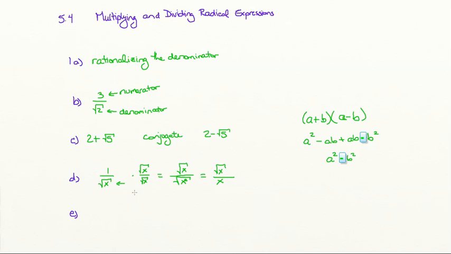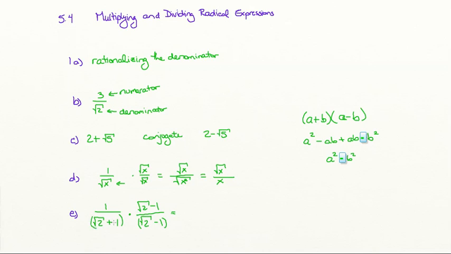E, to rationalize the denominator of 1 over root 2 plus 1, the numerator and denominator are multiplied by the conjugate. So we're multiplying it by root 2 minus 1. And if I do that, put some brackets around these.